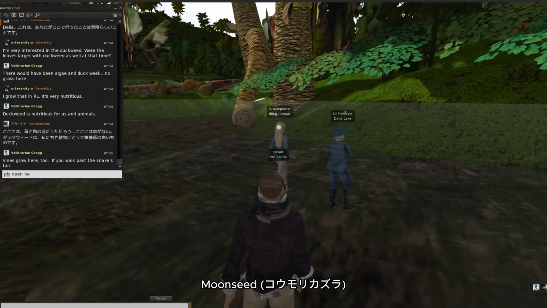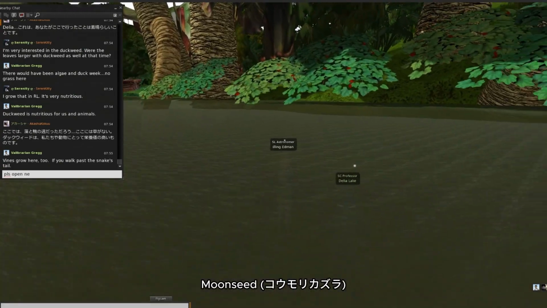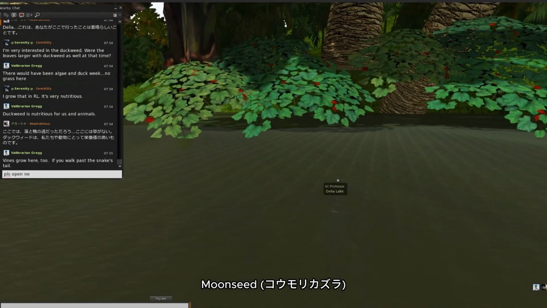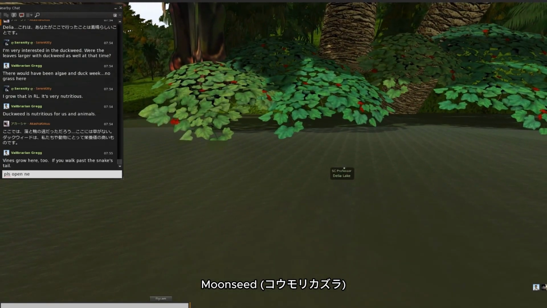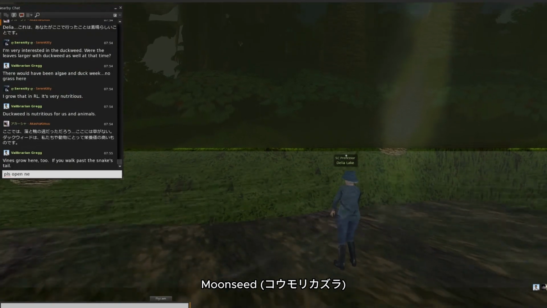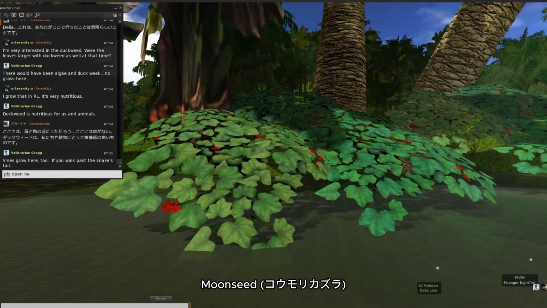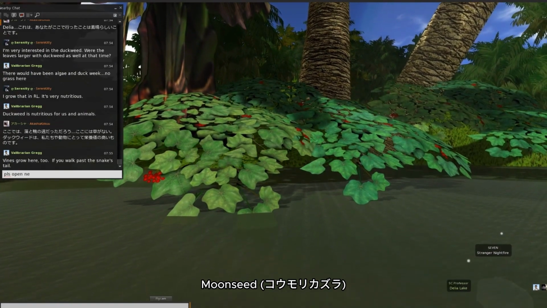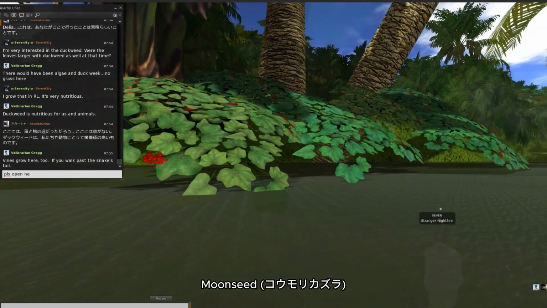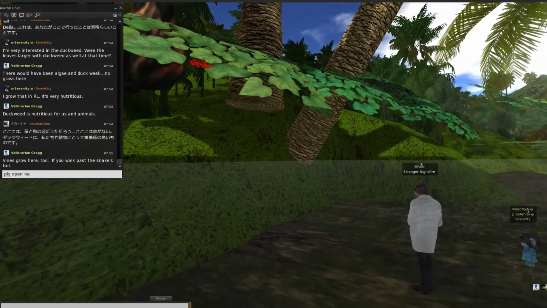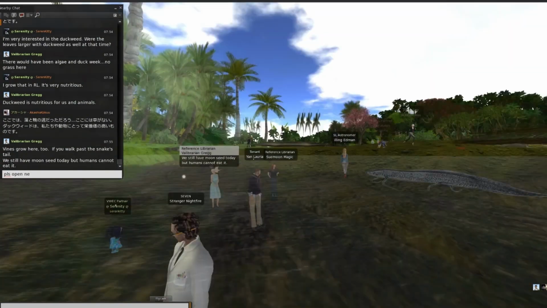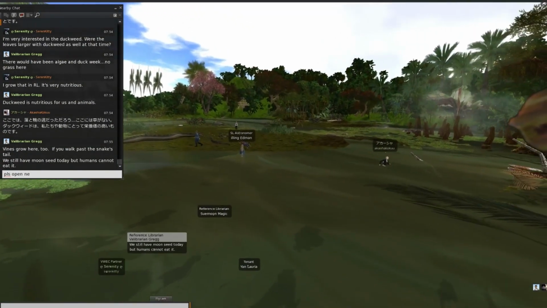We still have moonseed today. It looks sort of like grape leaves, but it's not grape leaves. And humans cannot eat this. But other creatures would have eaten this. So there was quite a bit of that around in the fossils.